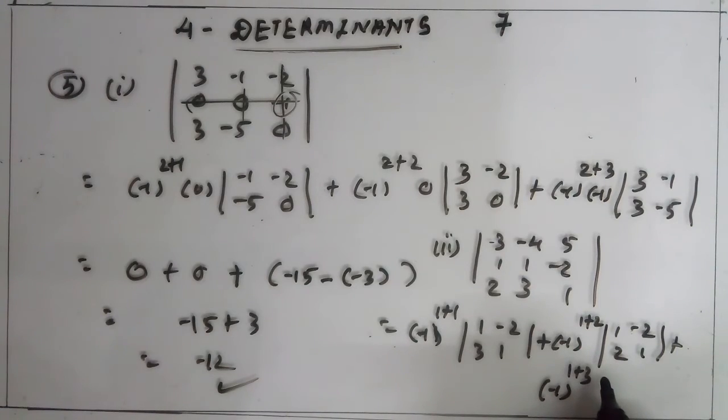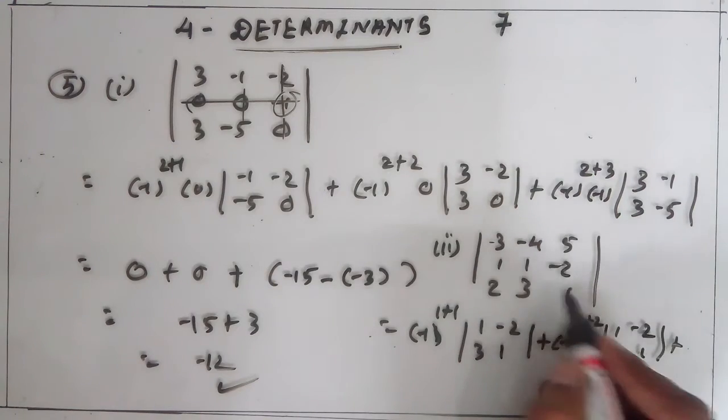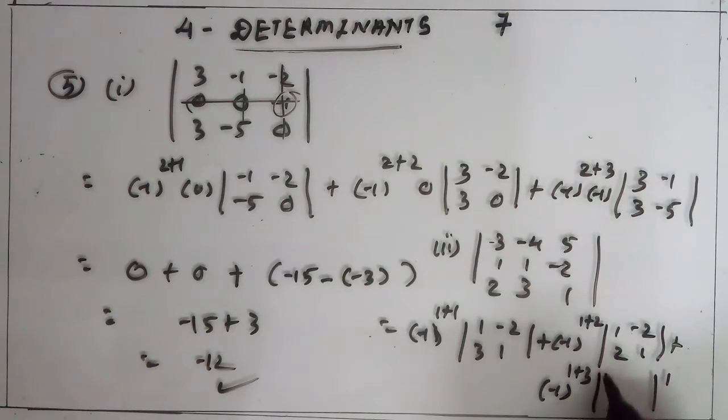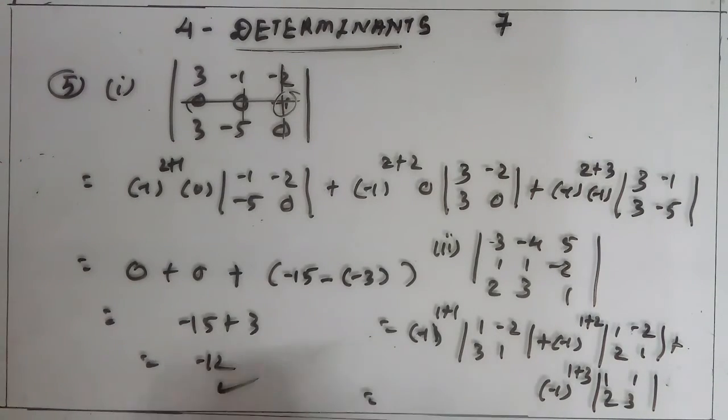So minus 1 raised to 1 plus 3, into remove this row and column. We get 1, 1, 2, 3. Clear this? And get the value of these second order determinants. Then simplify this and get the value of this third order determinant. Similarly, numbers third and fourth, complete yourself.